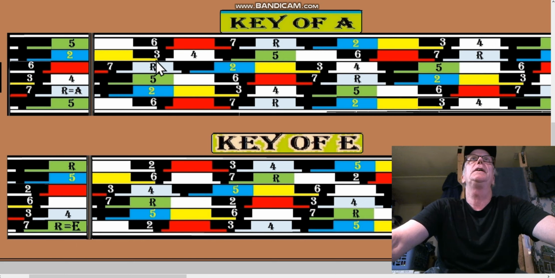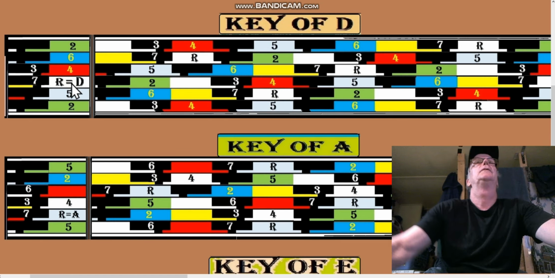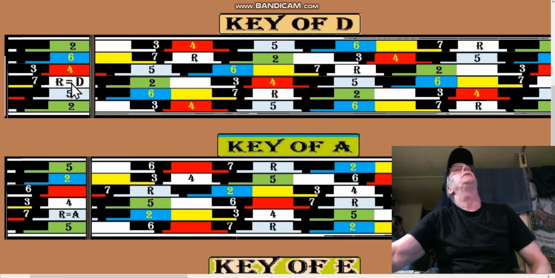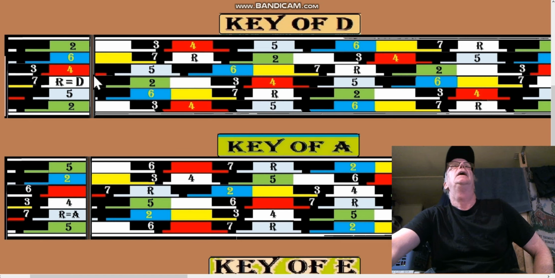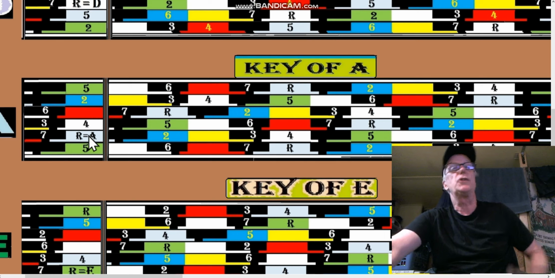The real deal D shape has a root on the D string. The A shape has a root on the A string.